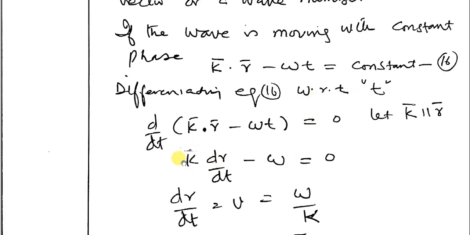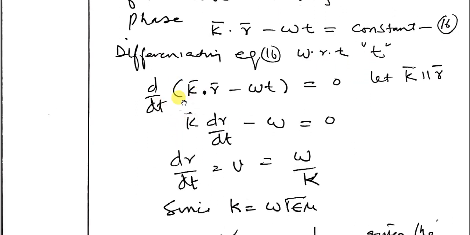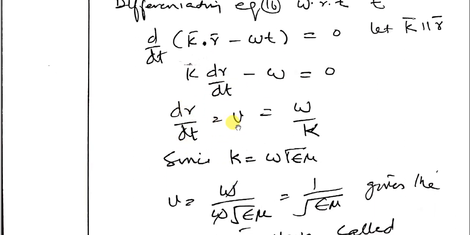The derivative of the constant phase, where r and t are the time dependent factors, will be equal to 0. k is constant, because k was equal to omega times square root of epsilon mu. Here we have k times dr by dt minus omega equals 0. dr by dt is the speed of the wave, given by omega by k.